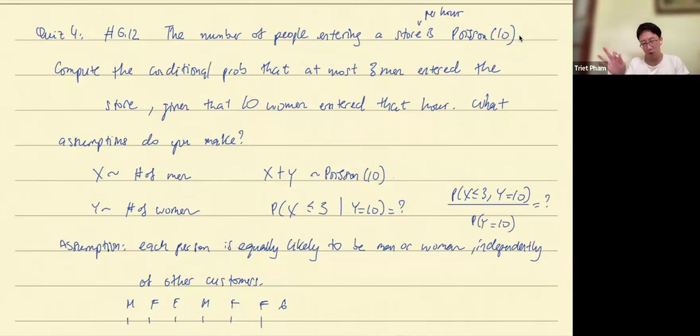Suppose that, and it's not the case here at all, but suppose that I even grant you that somehow you know that individually X and Y are Poisson 5. What's still missing to answer this question?